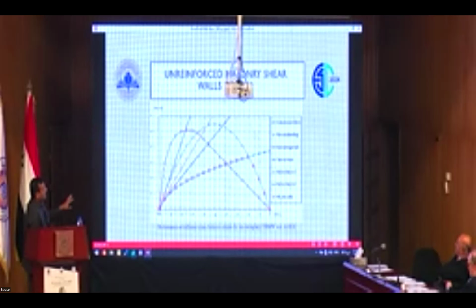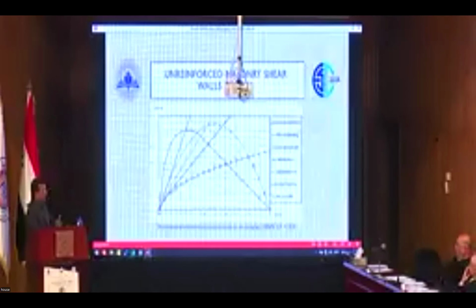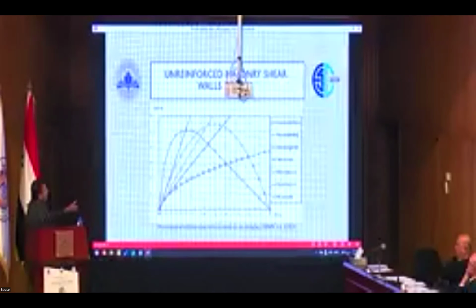In this case, I used only some available test results to calibrate my model, to find the uncertainty of the model, and to build a probabilistic function. This graph shows the different behavior of each failure mode.